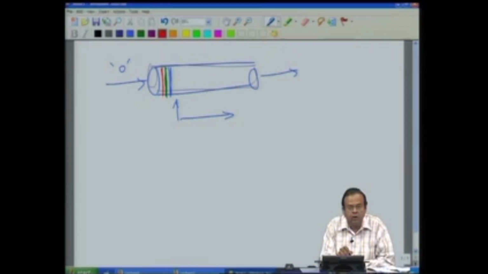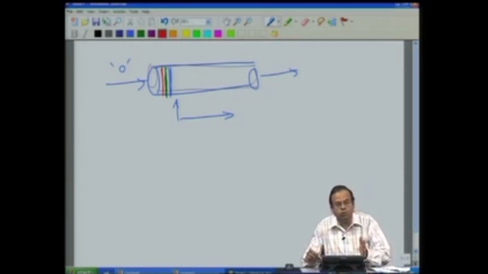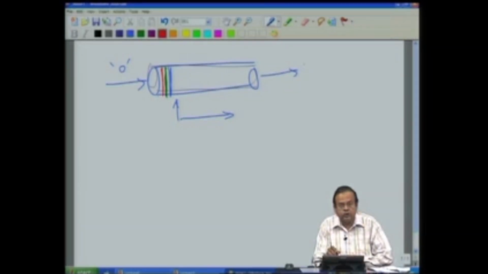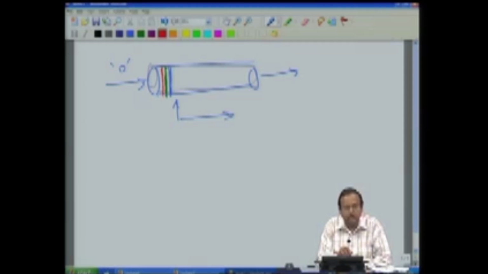So, for example, in this pictorial cartoon, these blue and green fluids do not mix with each other, they continuously move from this particular end to the exit of the reactor. So, that is to say that there is no axial mixing.